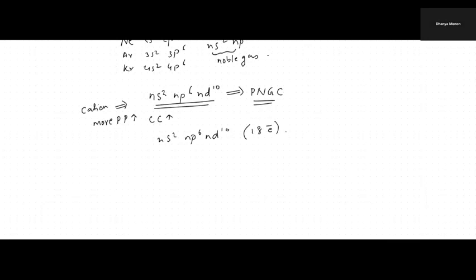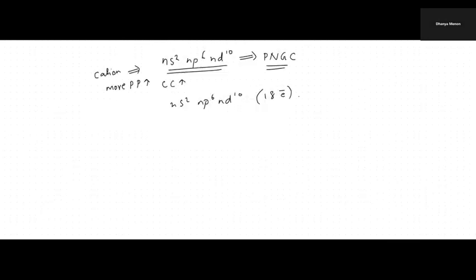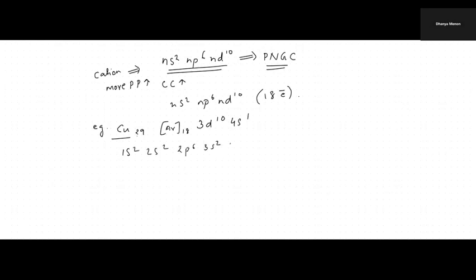For example, copper. The atomic number is 29, right? So argon 18, then we have 3d10, 4s1. I'm writing for copper, not copper cation, the copper atom. So here I'm writing down the whole configuration: 1s2, 2s2, 2p6, 3s2, 3p6, 3d10, 4s1.